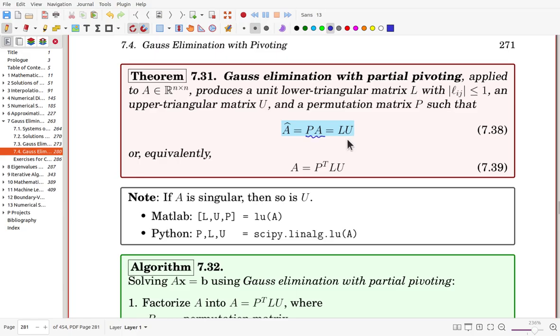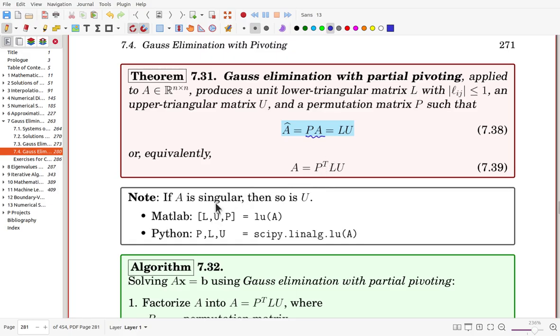But mathematically, we can say first permute, and for the row permuted matrix, we can make LU factorization without any further row changes. Of course, this equation can be written in this way, because the inverse of P is P transpose.